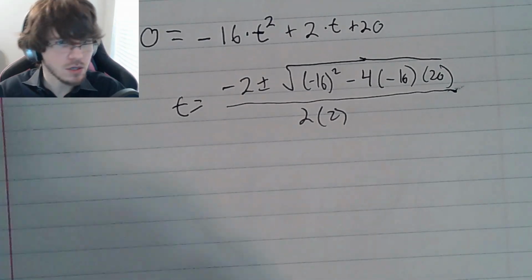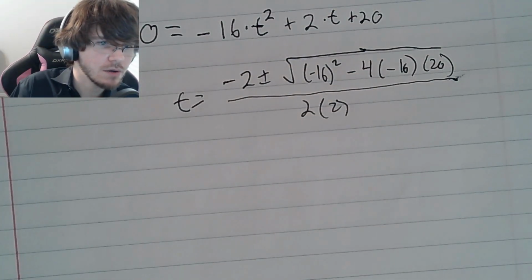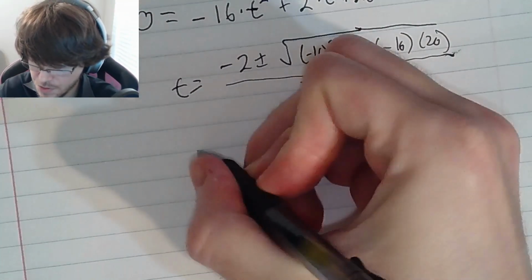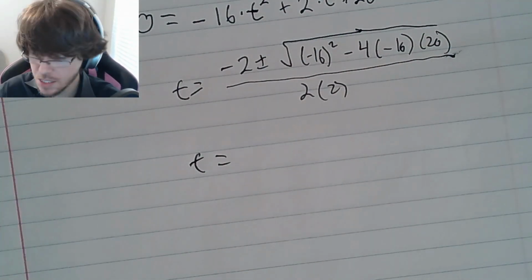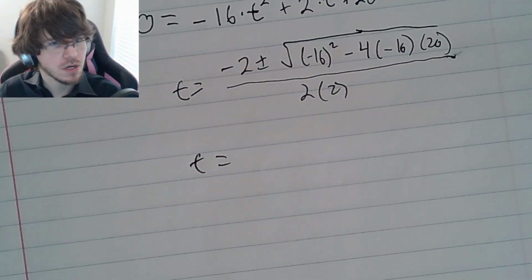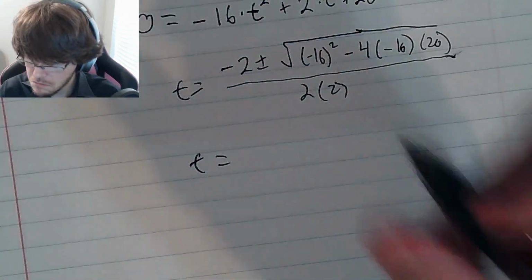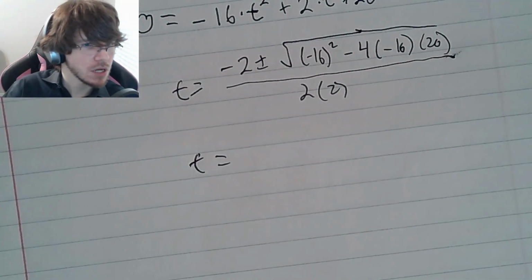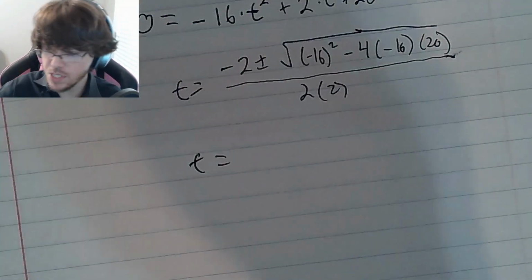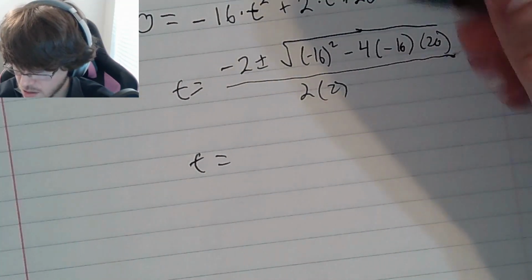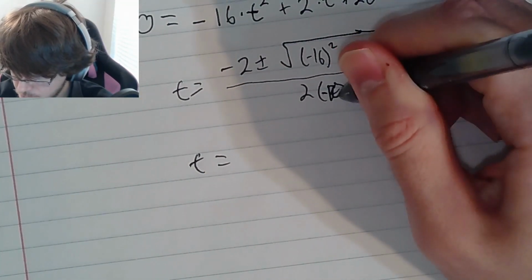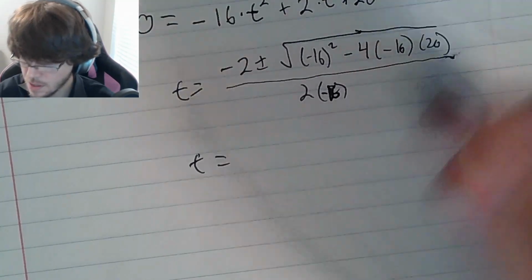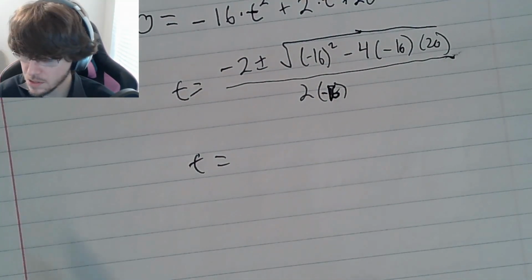You get 2 answers. If you do all this work, you end up getting t equals... why does it say that? Why did I write 2 down here? a is negative 16. That was a mistake by me. I'm so used to writing the 2 in there.